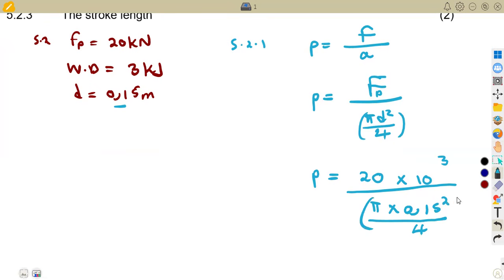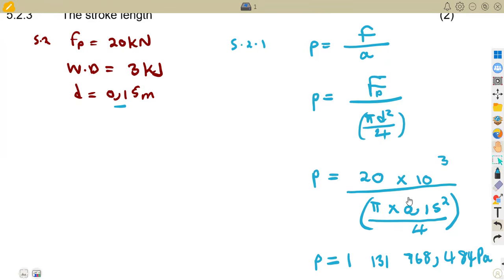So this is going to give us the pressure. That's a big value actually. It's about 1,131,768,484, something like that, Pascal.